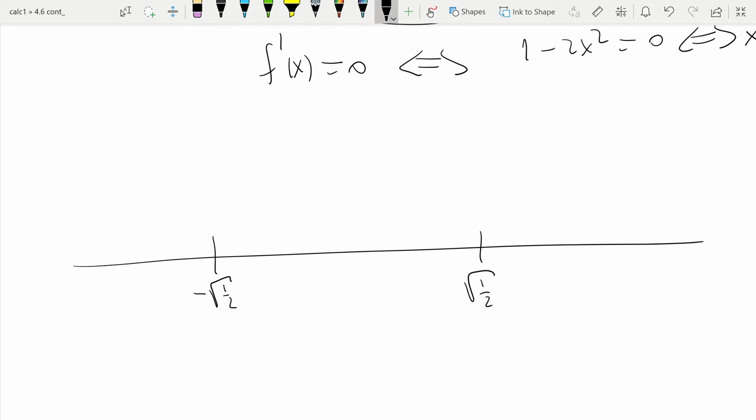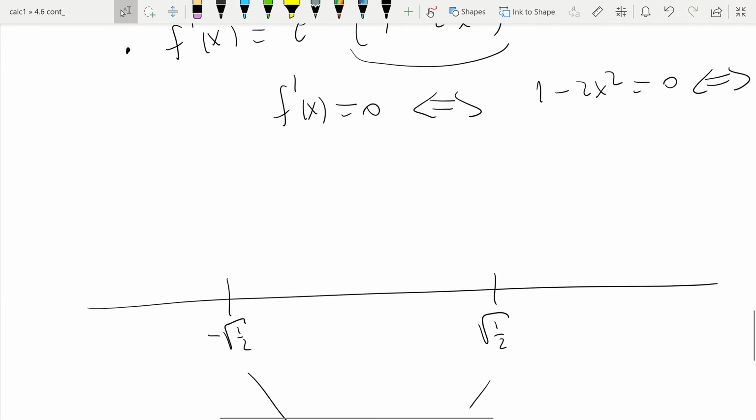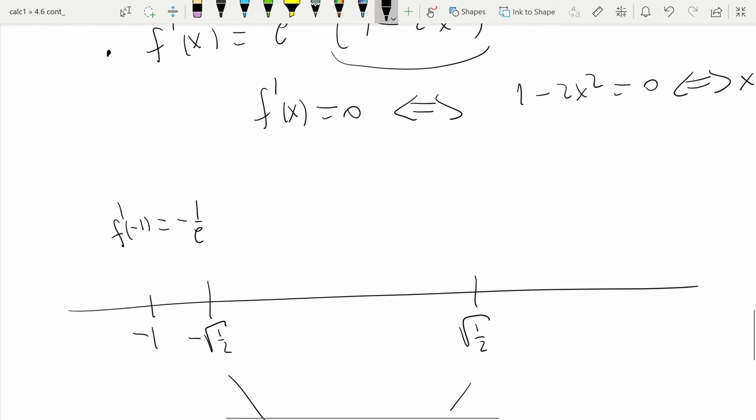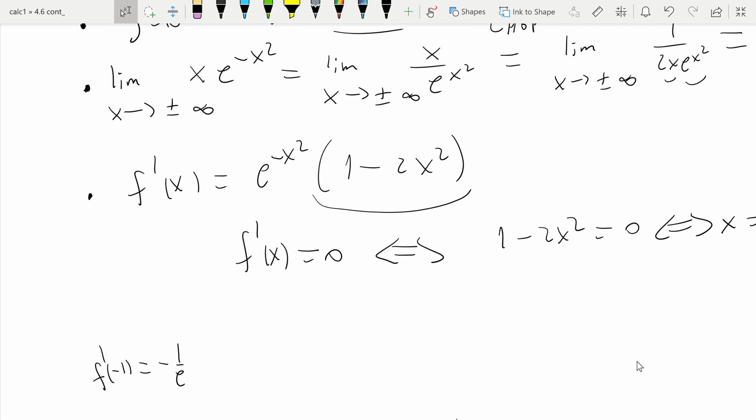We need to check the signs of f prime at different points. Between minus infinity and minus the square root of 1 over 2, we can use minus 1. At minus 1, f prime takes on the value minus 1 over e.